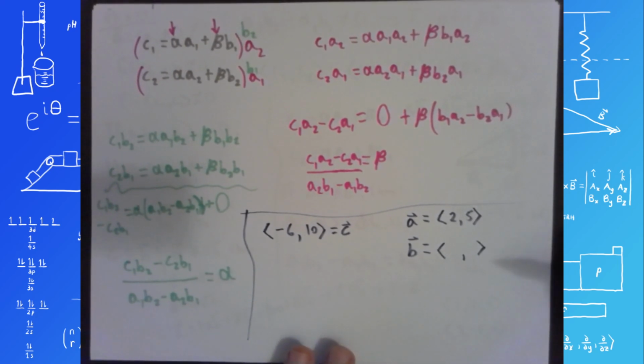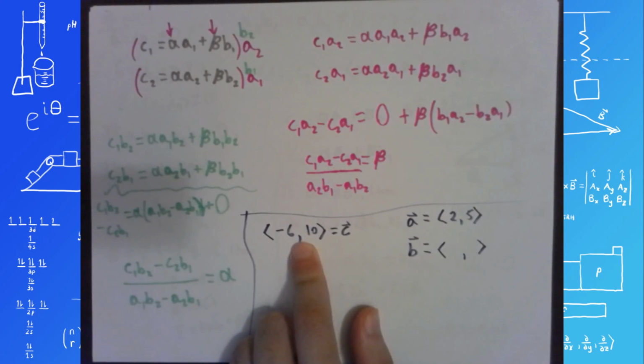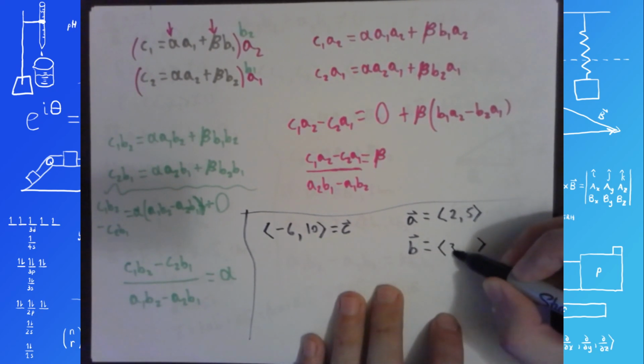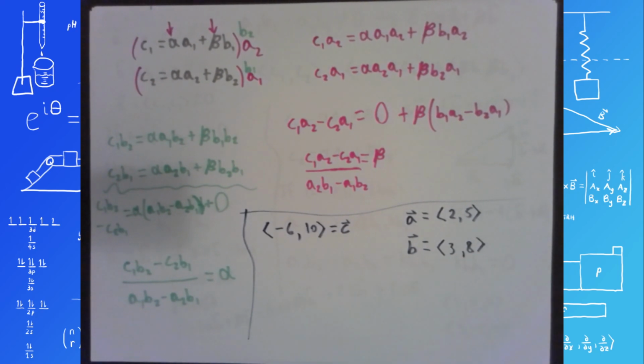So there are a lot of easy options if you're just trying to create random vectors to later combine to create whatever vector is demanded of you. So I guess I'll just go with, how about 3 comma 8?